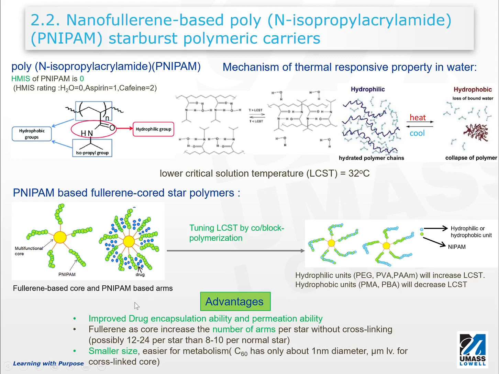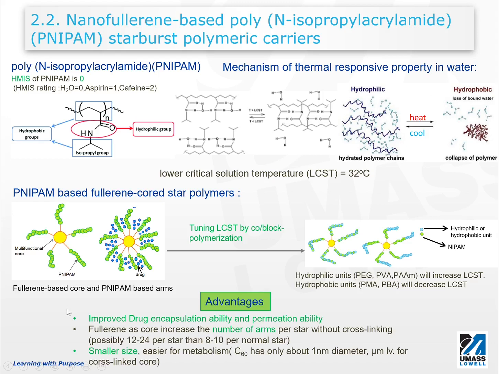The advantage of this type of molecule is that the star-shaped polymer may improve drug encapsulation ability, and the amphiphilic property will improve penetration ability. Also, when using fullerene as the core, we have a very flexible number of arms, because the number of arms on the fullerene surface is designable.